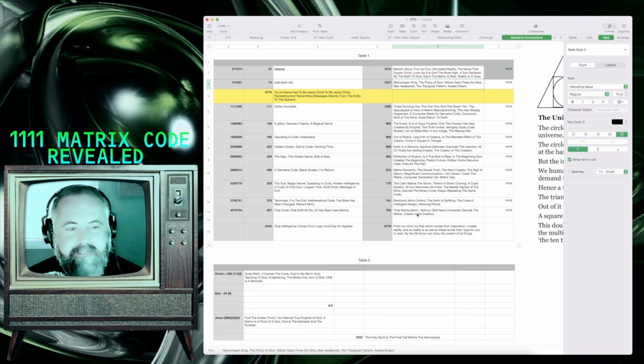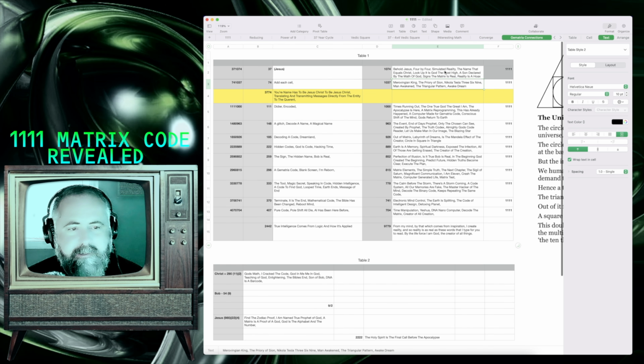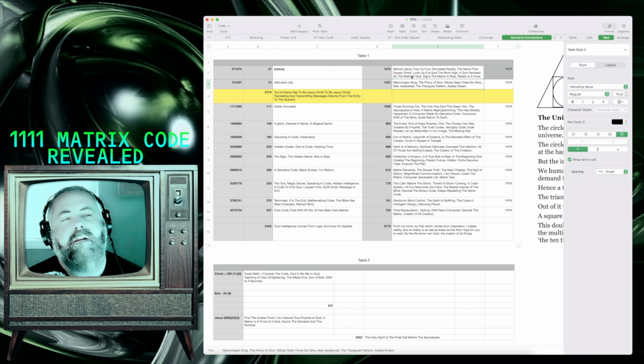Okay, so let's look at a couple of things here now that we've gone through all of those. Going back up here to the top, we got the phrase from the first number, the name that equals Christ. I looked at that and I thought, well, what does that mean?